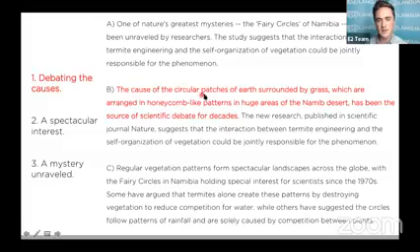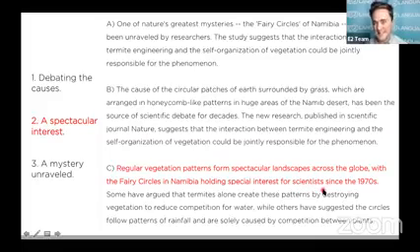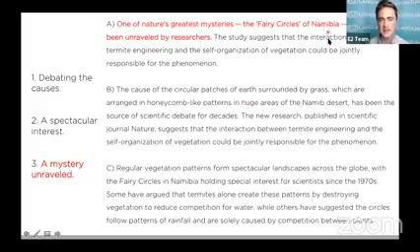It says here, the cause has been the source of scientific debate, right? So 1B, fine. What about number 2? C, a spectacular interest. Spectacular landscapes with the fairy circles in Namibia holding special interest for scientists since the 1970s. Therefore, 3 must be A mystery unraveled. One of nature's greatest mysteries may have been unraveled.